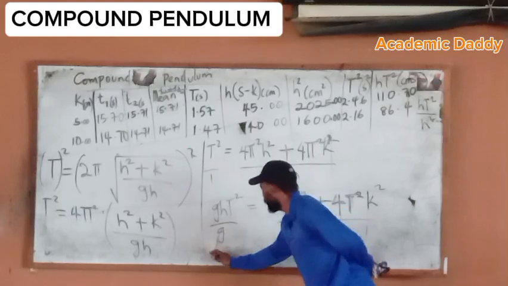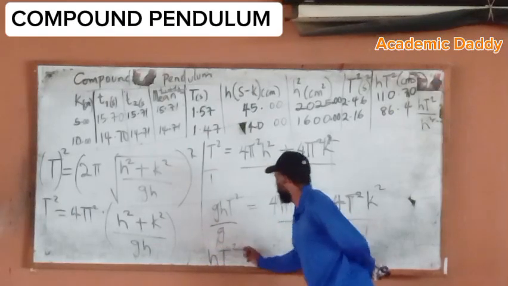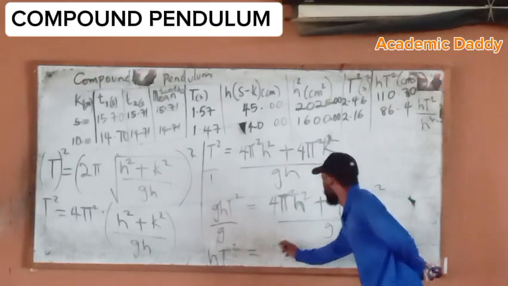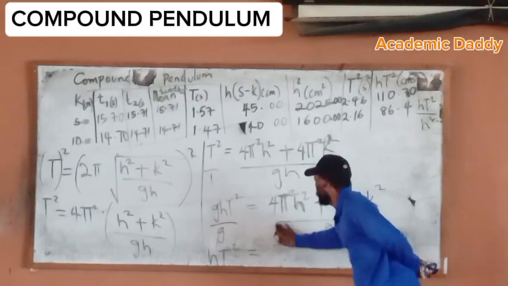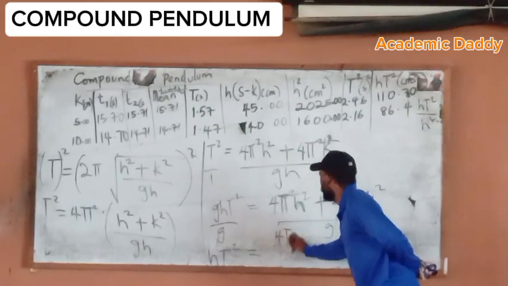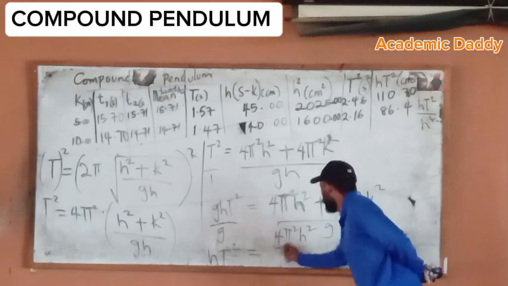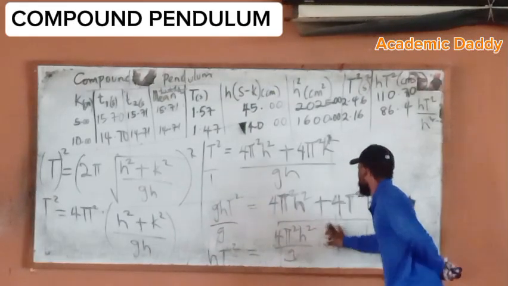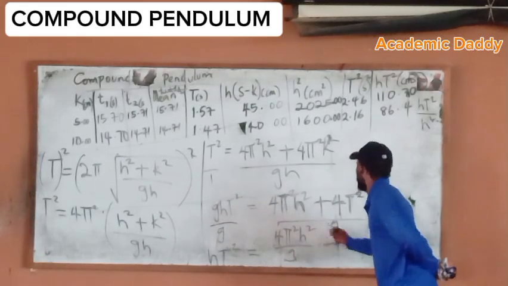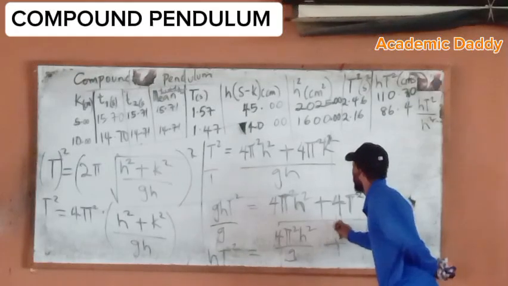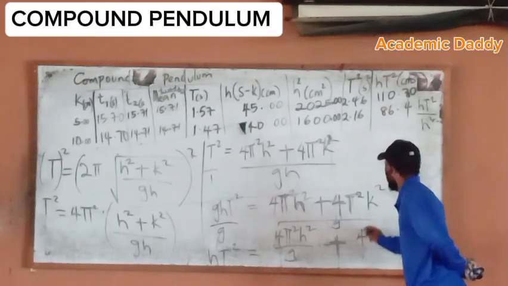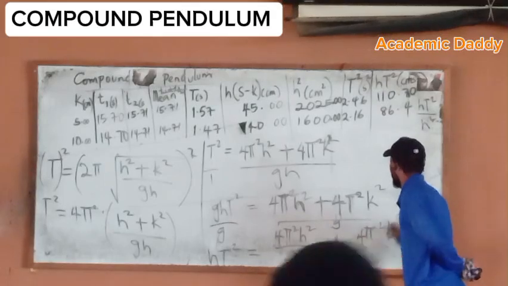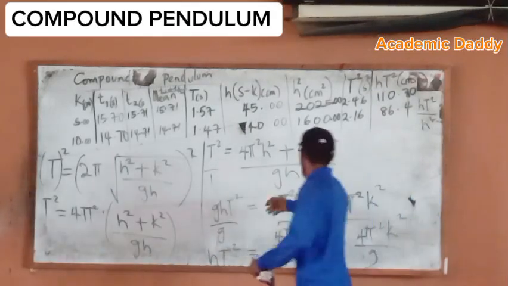So I now have h T squared equals 4 pi squared h squared over g plus 4 pi squared k squared over g. Do you agree that these two things are the same?